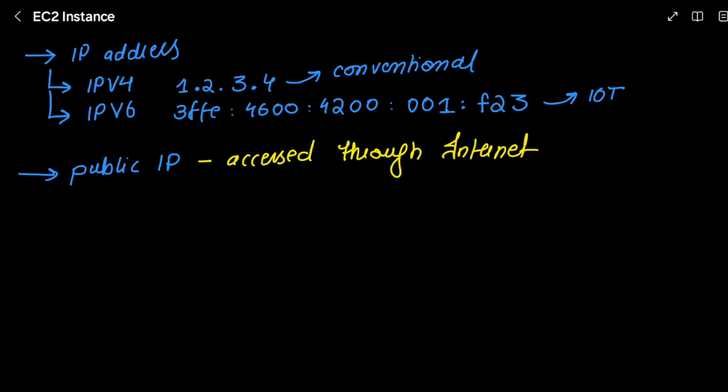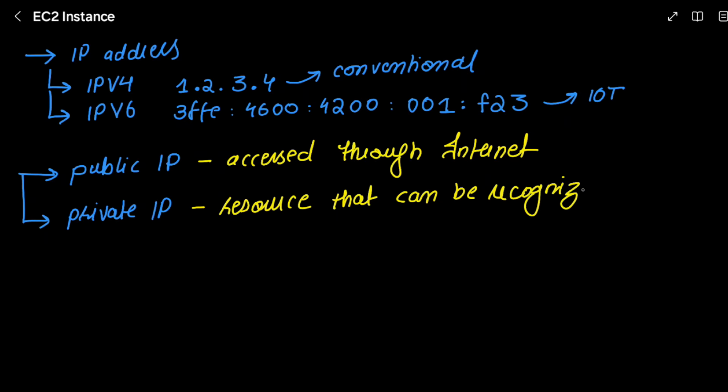So that brings us back to private IP. The similarities between a private network and a public network exist for both of these here as well. So for private IP, again, if you have a resource, and when I say resource, I mean an AWS resource, any resource that can be recognized within a private network.